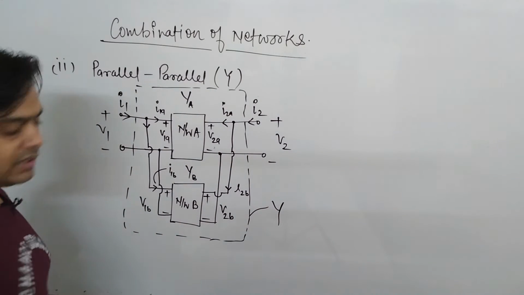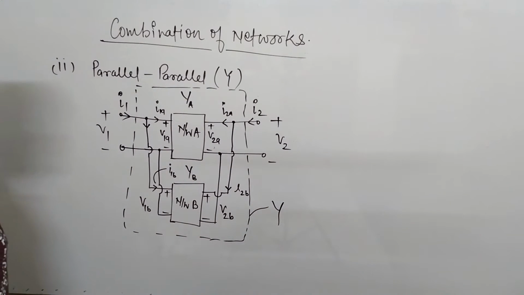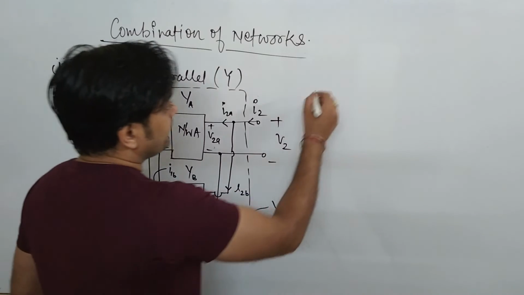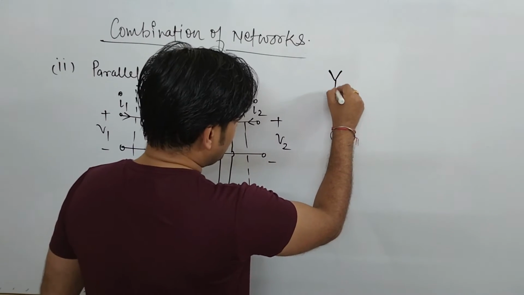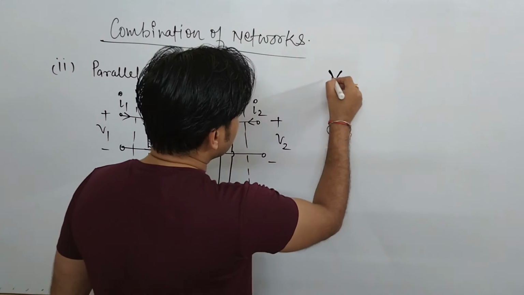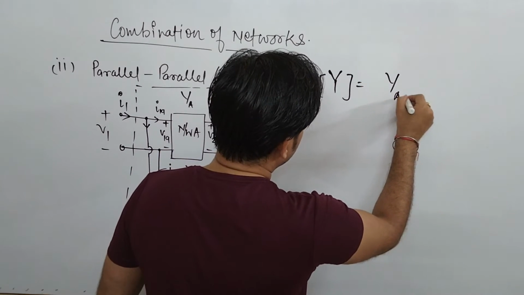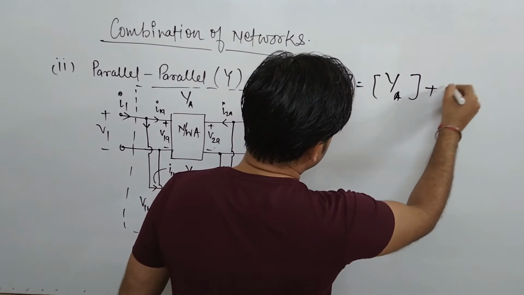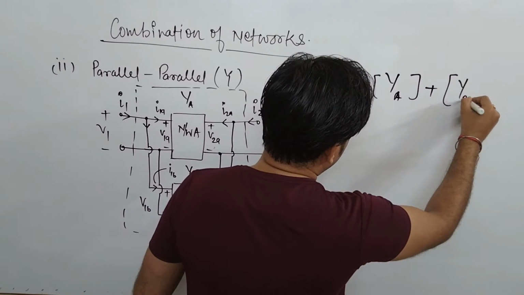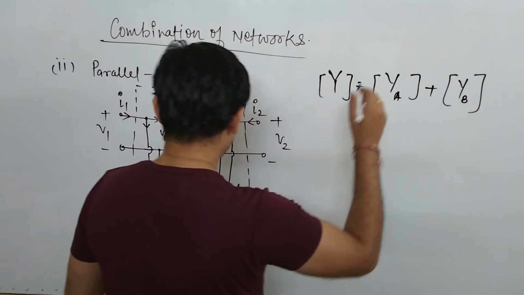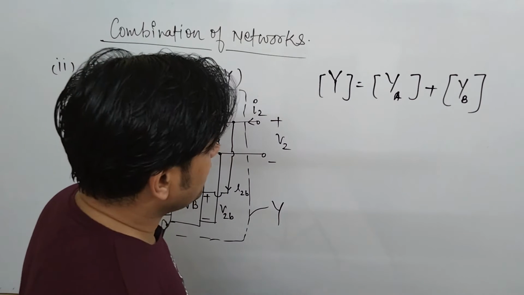These are simply tricks; we don't have to solve the entire solution. Here the Y parameter is given as Y is equal to YA plus YB. Very important.